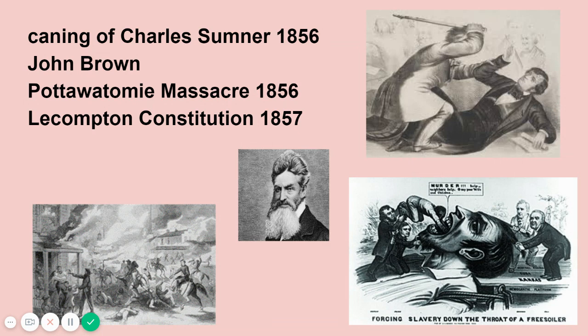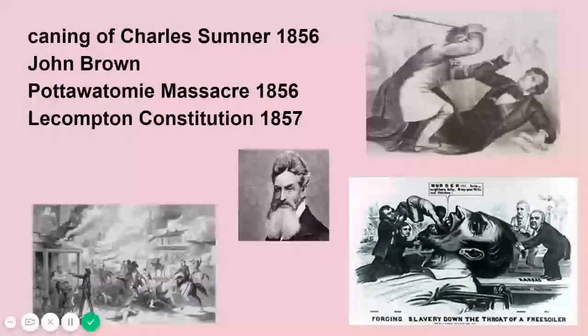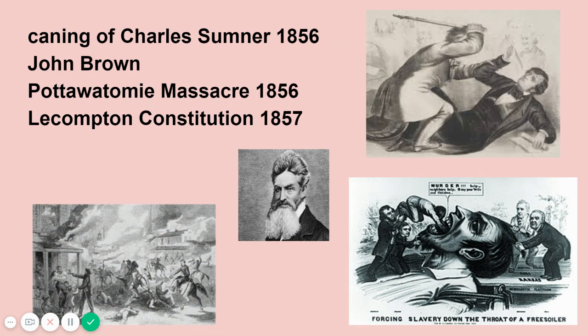As the congressmen debated what was taking place in Kansas and who was to blame, a congressman by the name of Preston Brooks from South Carolina attacked and caned Senator Charles Sumner, a senator from Massachusetts.